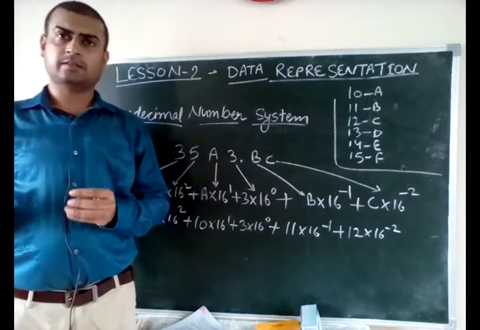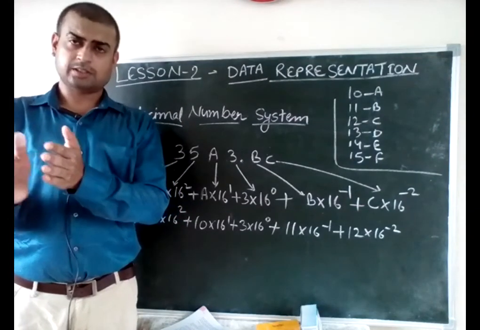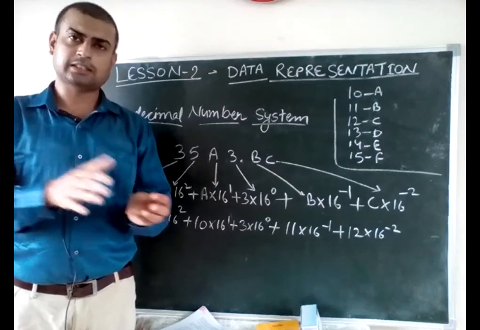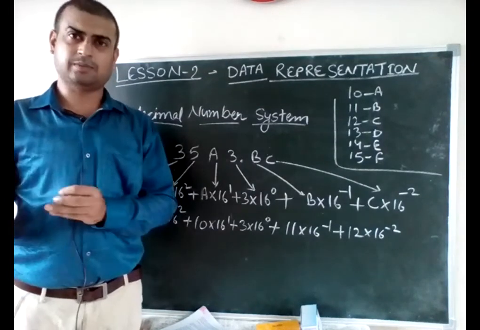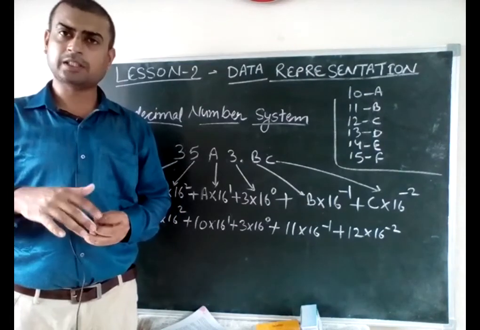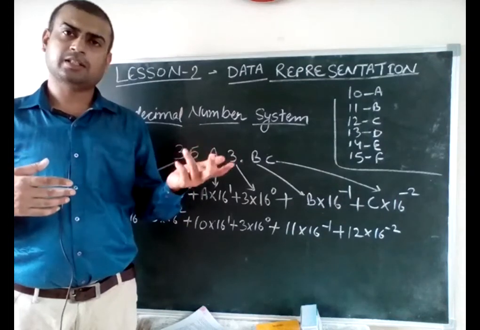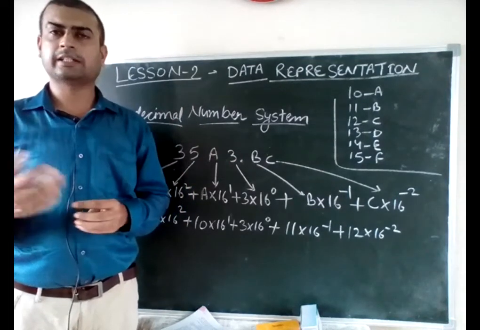10 means high voltage, 9 means slightly low, 8 means slightly low, then again 7, then how will it be managed by the computer system, with low and high, there are certain limits. But in the binary number system, there are 2 only. If 1, electricity is there. If 0, then electricity is not there.